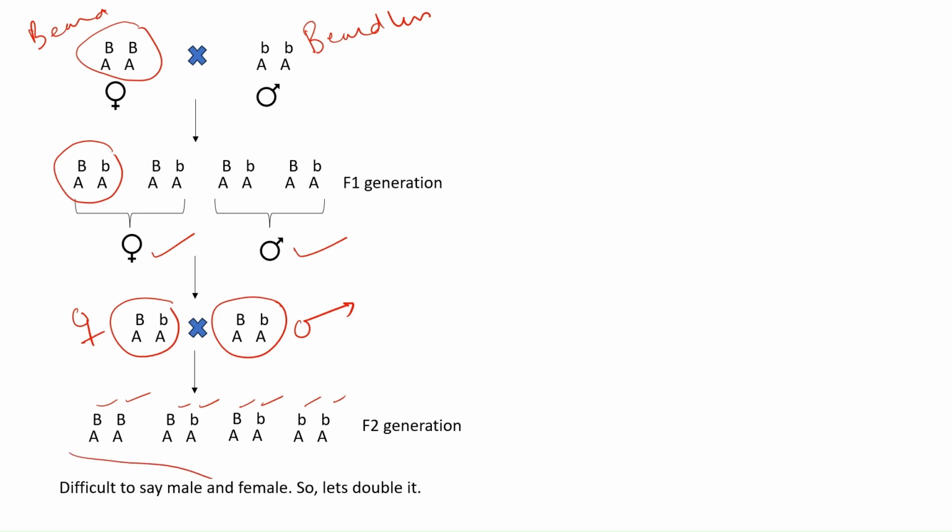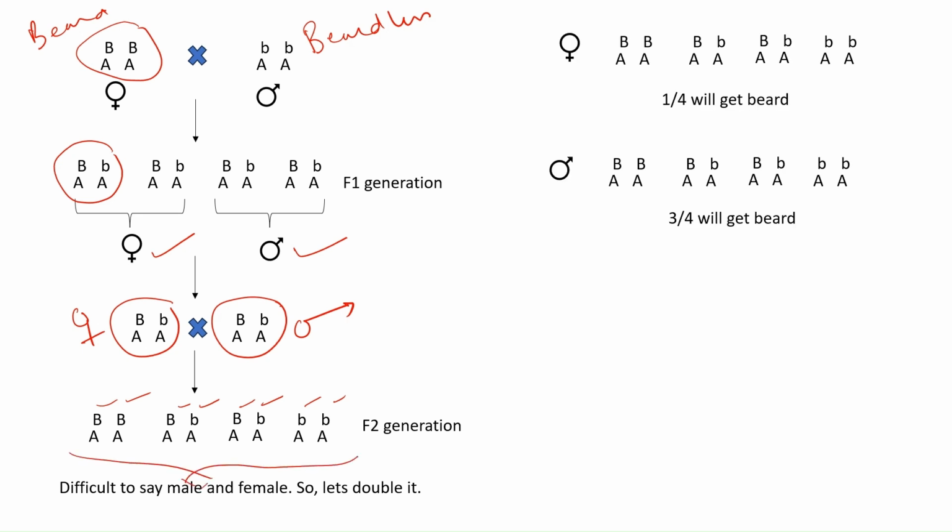With this single set, it is difficult to distinguish males and females, so let's double it to see the result in the F2 generation. Now in females we have capital B capital B, capital B small b, capital B small b, small b small b. In males also we have the same genotypes. But in case of females, only the capital B capital B genotype will get expressed.